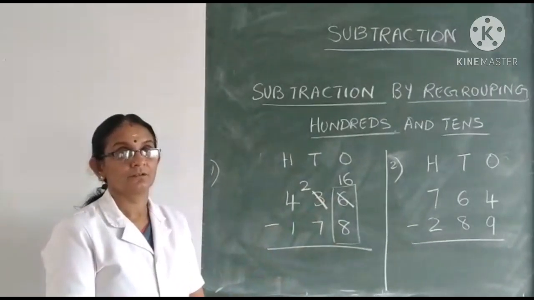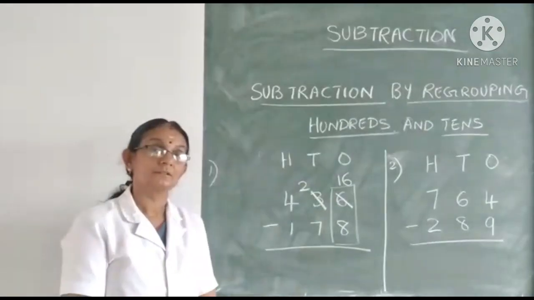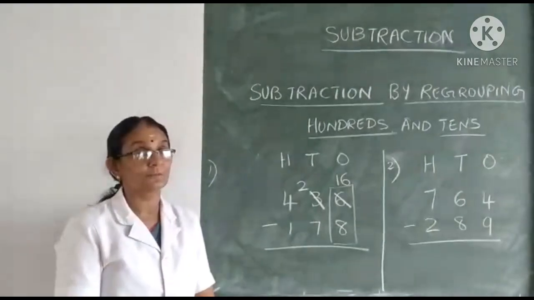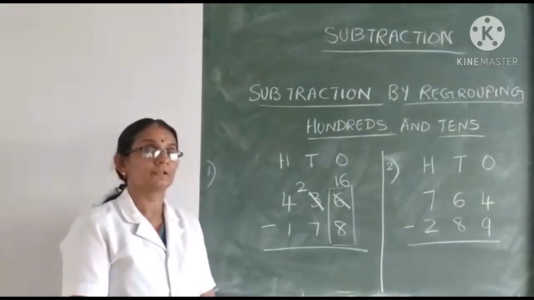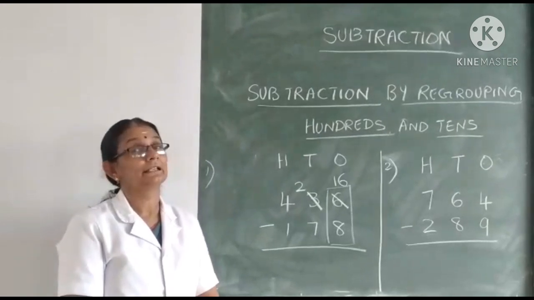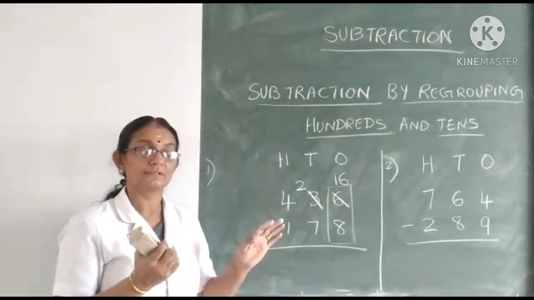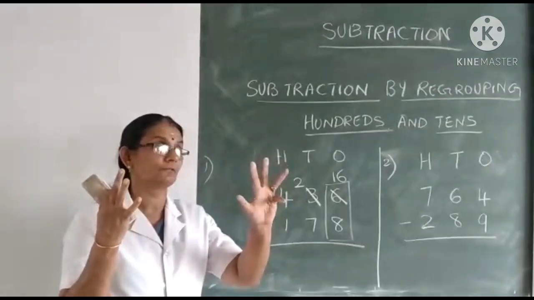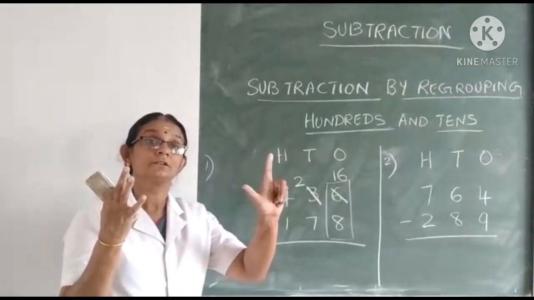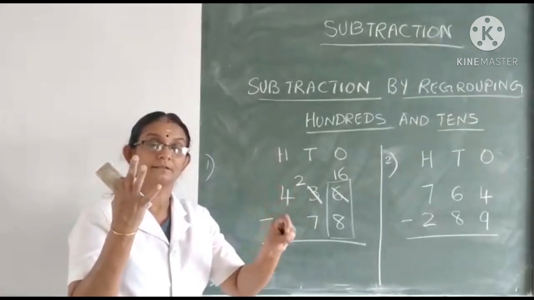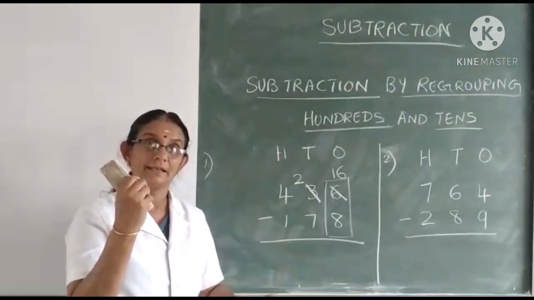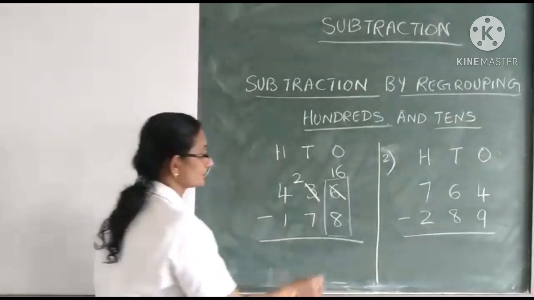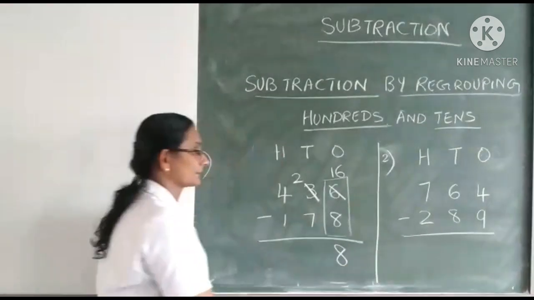How will you subtract? By counting backward. From 16 count backward 8 digits. So these are the 8 fingers which I have. Count backward from 16: 15, 14, 13, 12, 11, 10, 9 and 8. So 16 minus 8 is equal to 8.